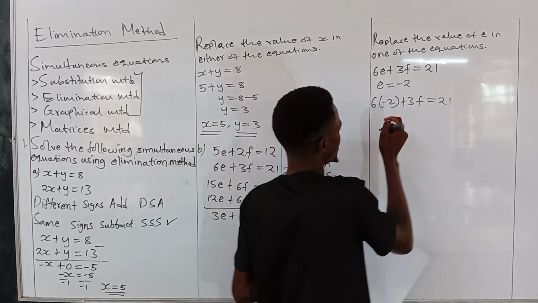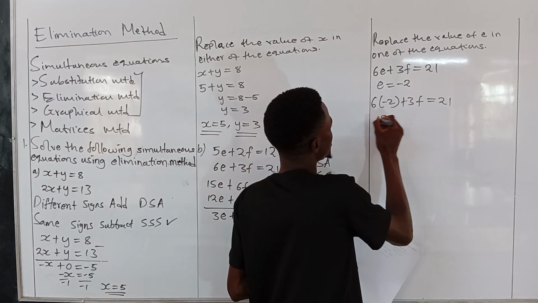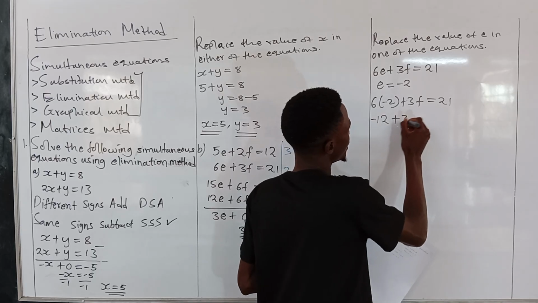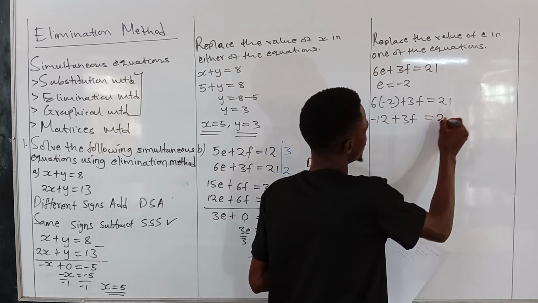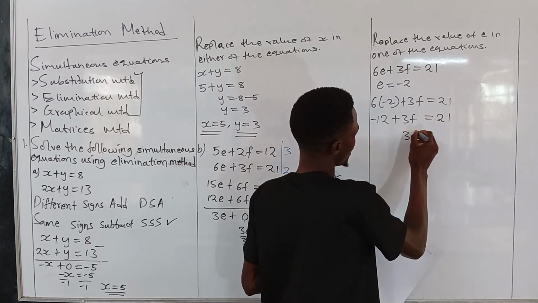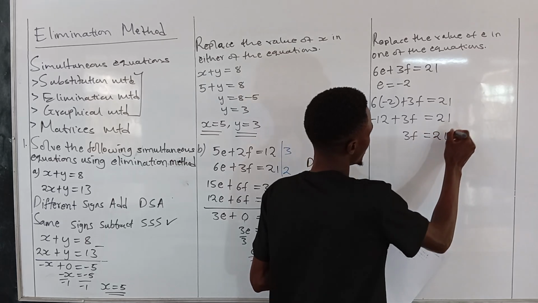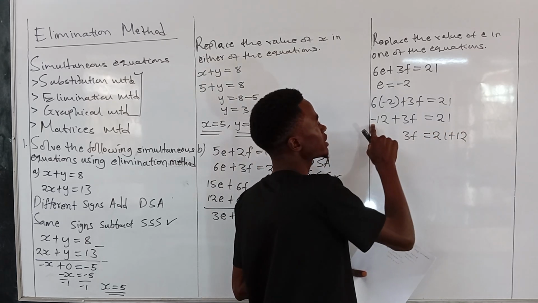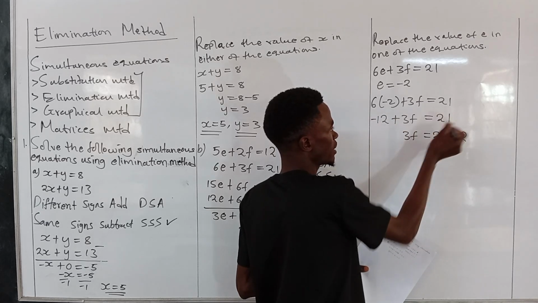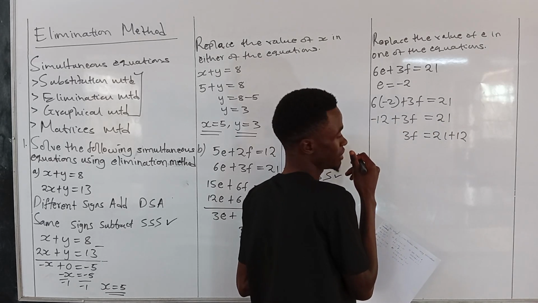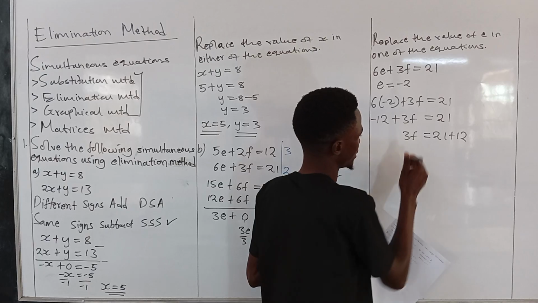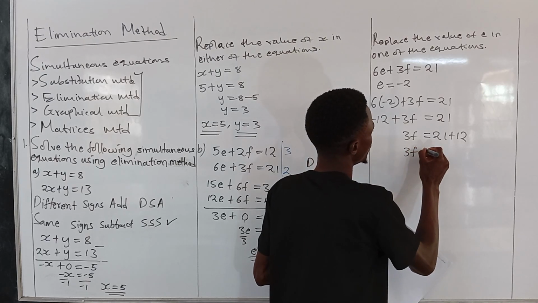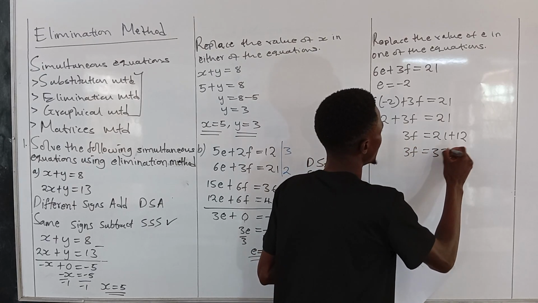For example, here 6 times negative 2 is going to give us negative 12, plus 3f is going to give us 21. So 3f is going to give us 21 plus 12. Why 12? If you take this 12 to the other side, it's going to give you a positive number because there is a change of sign. So we have 3f is going to be 33.